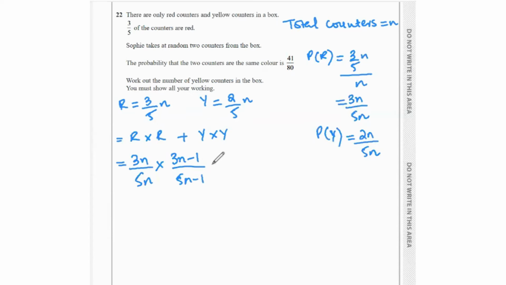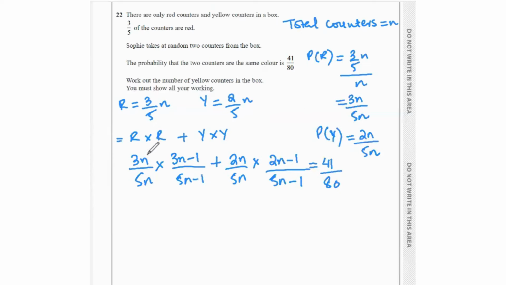Or we take the yellow counter, so that's 2n over 5n times 2n minus 1 over 5n minus 1. This entire thing equals 41 over 80. So using this equation, we're going to figure out the value of n, and then that will help us figure out how many yellow counters we have.